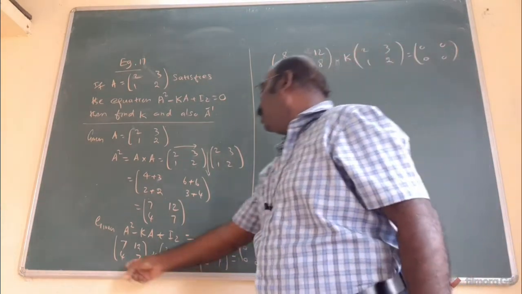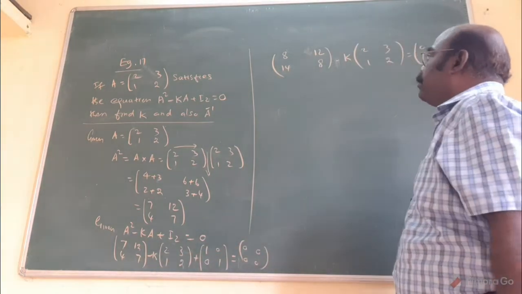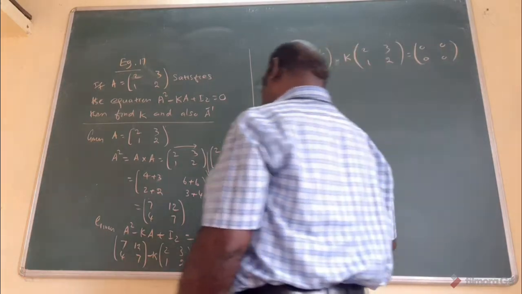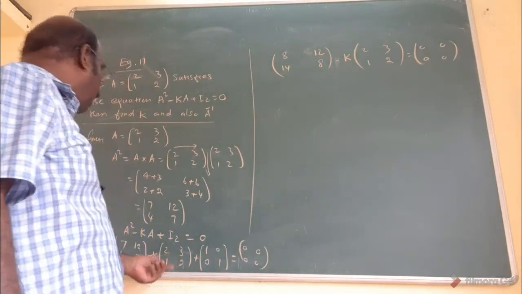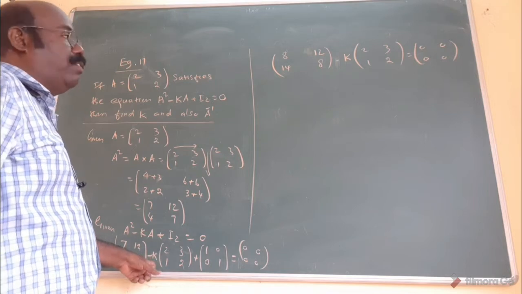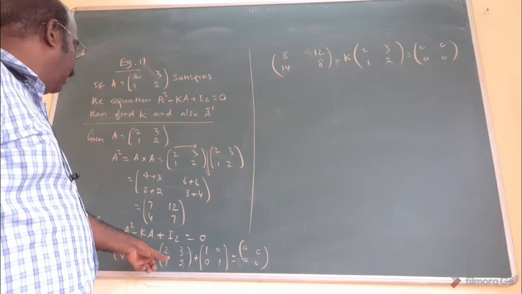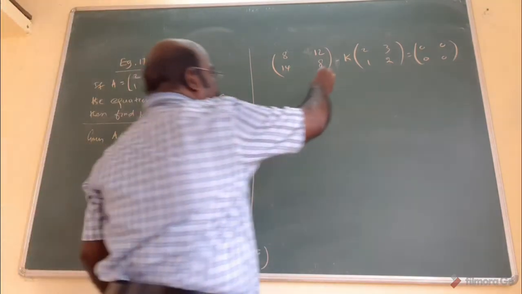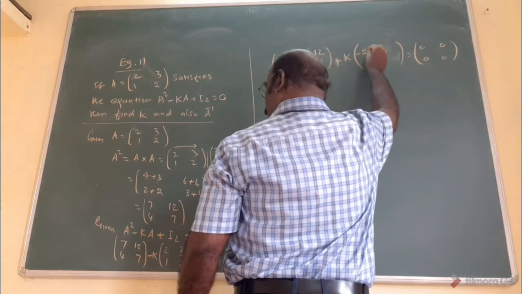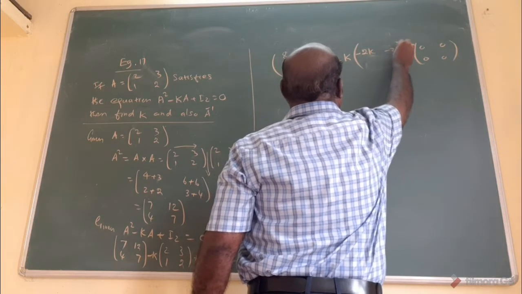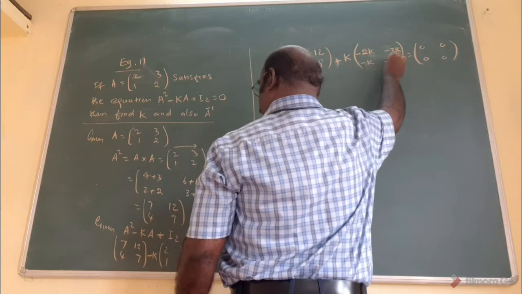Or otherwise, minus K is multiplying all to all, you know. Already told you. Outside the brackets, when a scalar is involved, you will multiply all the terms by minus K. Put plus, now multiply minus K to all. Minus 2K, minus 3K, here, then minus 1K, minus 2K.